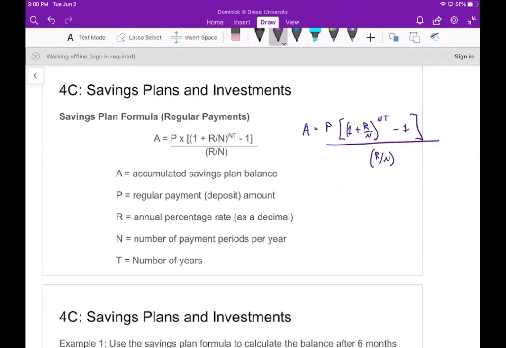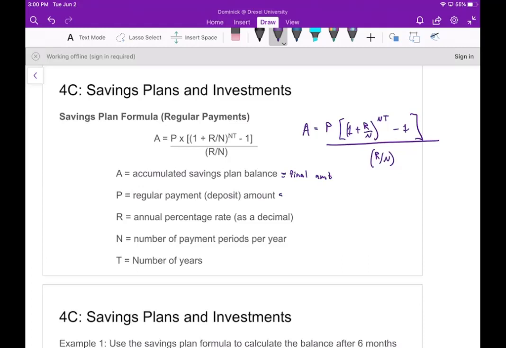Here, everything is essentially the same, except A is the accumulating savings plan balance, or you can even think of this as the final amount still. P is the regular payment or deposit amount, R is the interest rate as a decimal, N is the number of periods per year, and T is the number of years, right?